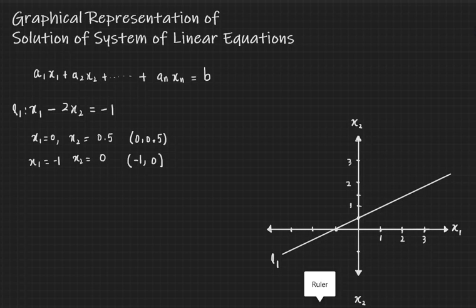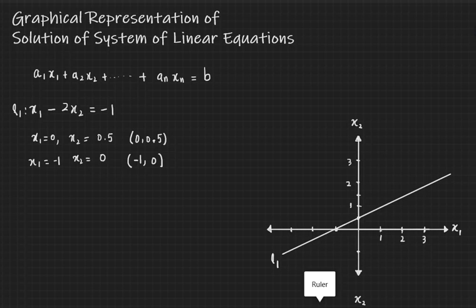Now one more thing which I want to mention here is that this point 0, 0.5 satisfies this equation. It means that when you substitute x1 is equal to 0 and x2 is equal to 0.5, x1 minus 2x2 is evaluated as minus 1, which is the right hand side.